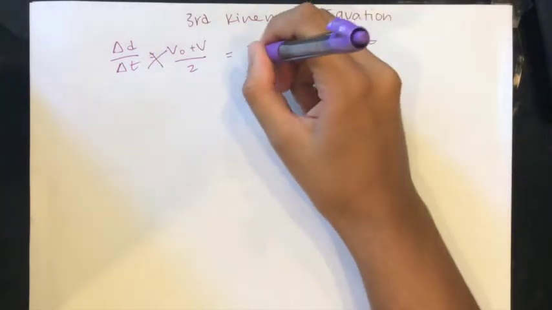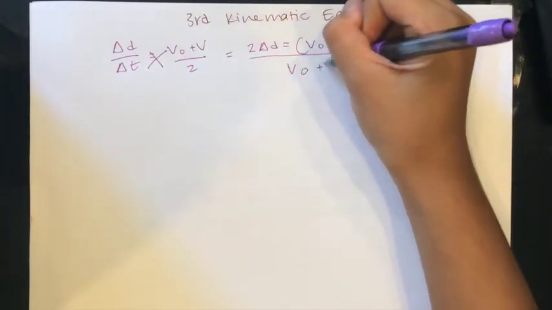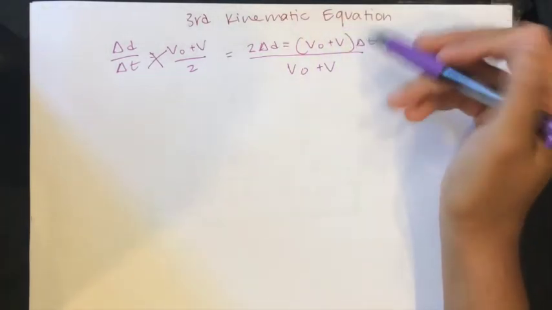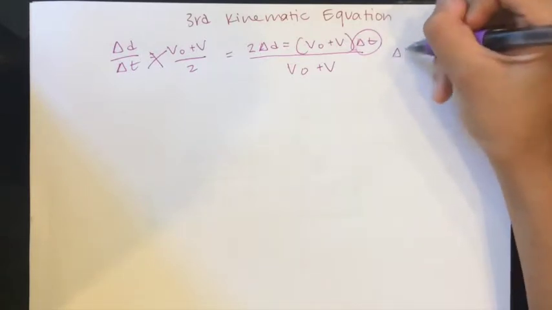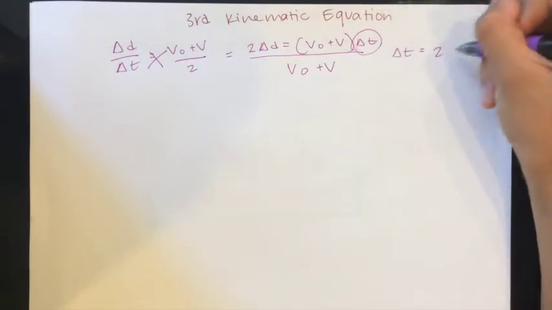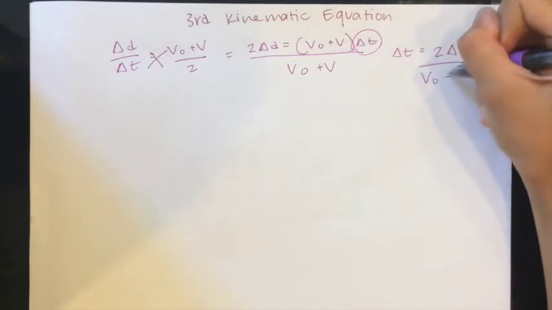What we can do is divide both sides by v naught plus v, getting delta t on its own, making delta t equal 2 delta d over (v naught plus v).